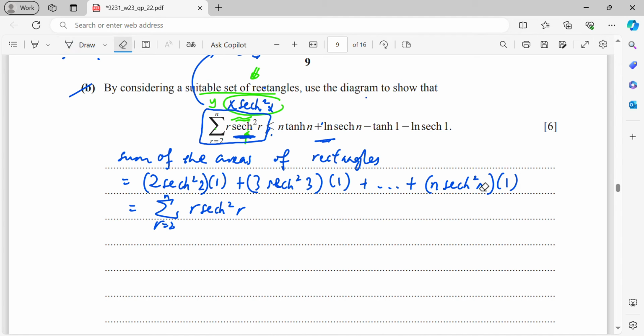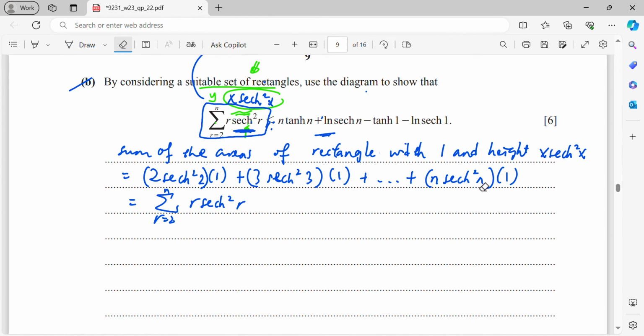Right? So with base, with width 1 and height x secant squared x. Then now here I will compare, because it's given less.